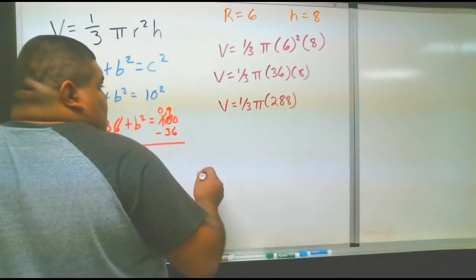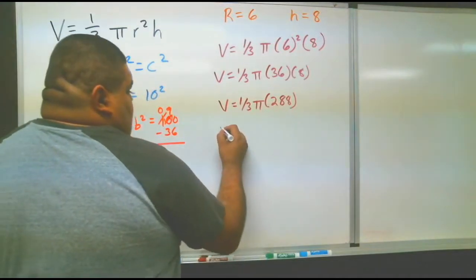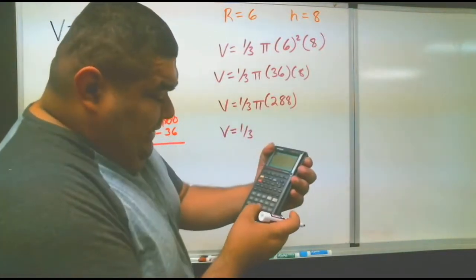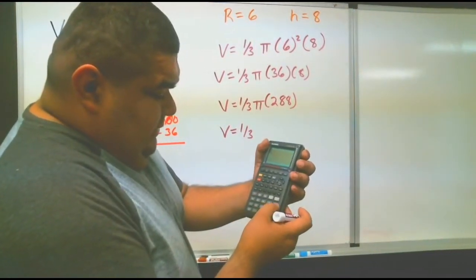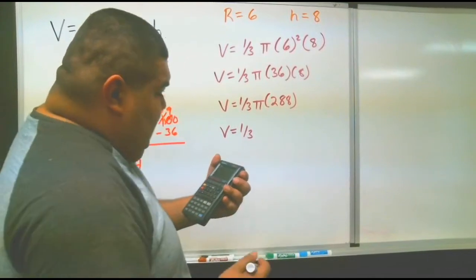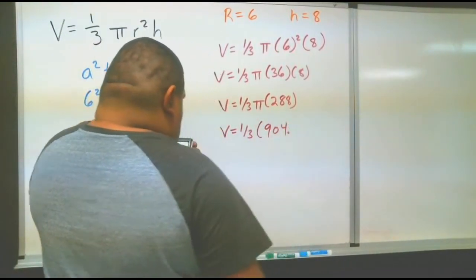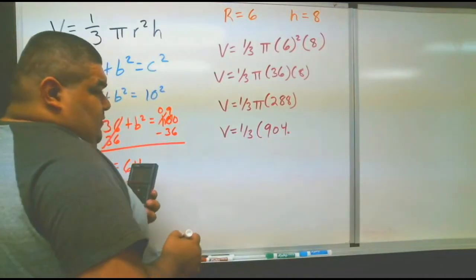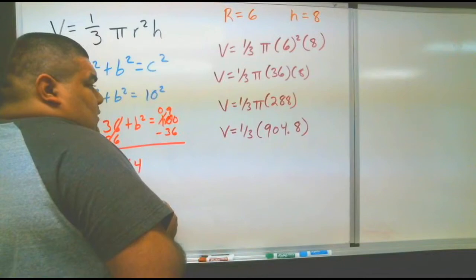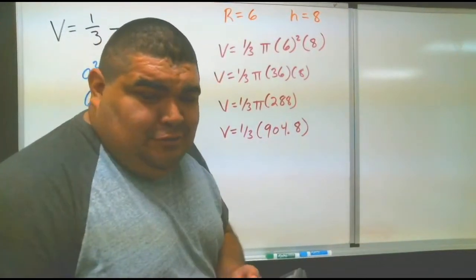Now we're going to multiply by pi. 288 times pi is 904.77, which rounds to 904.8. And then we divide by 3 to get our final answer.